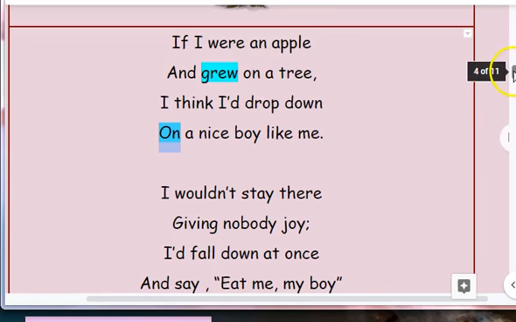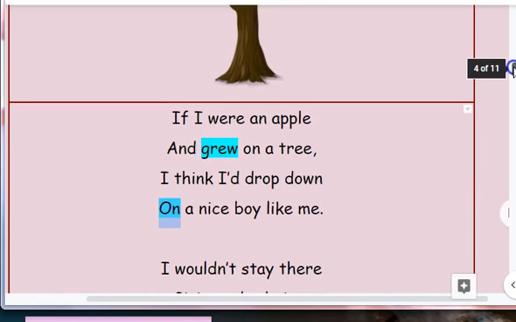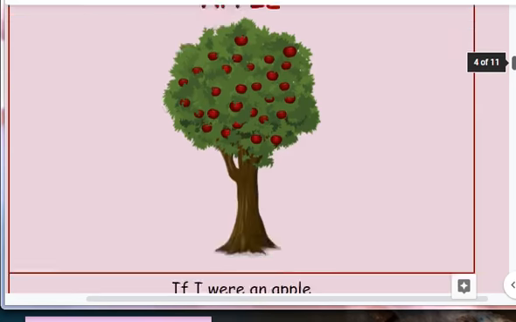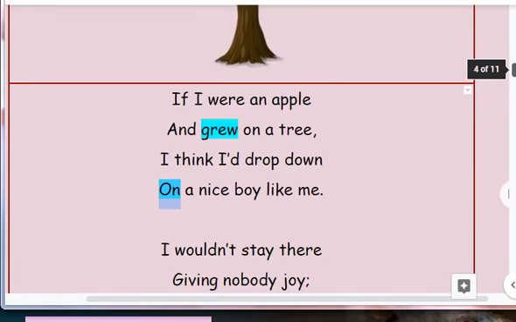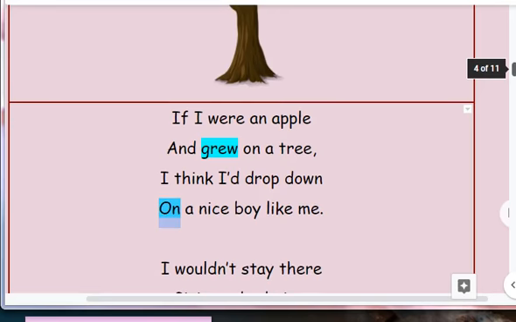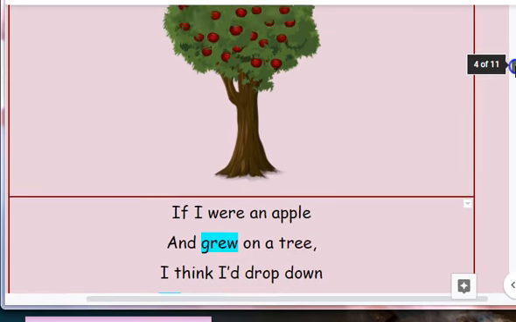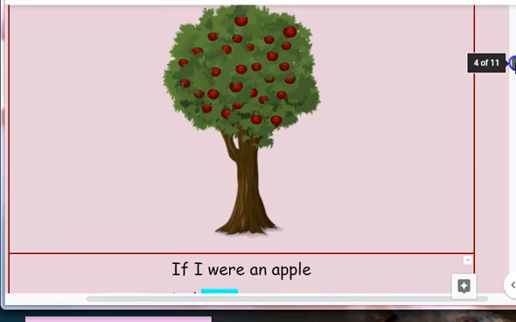Okay, so are you able to tell me the story in the poem? What do you think the story is about? It's about an apple.